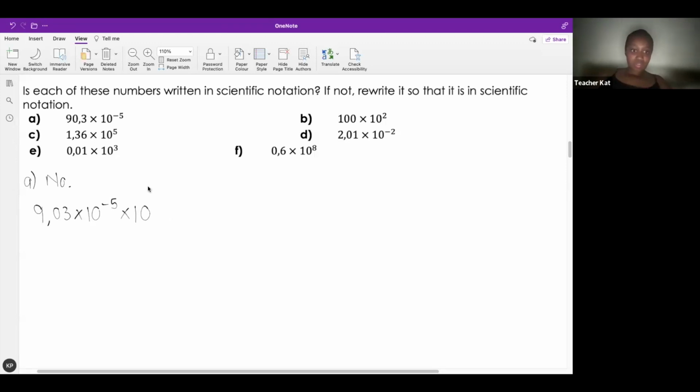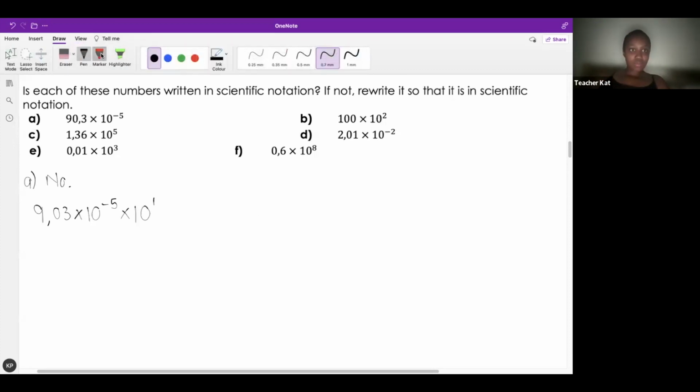So is it a positive or a negative 1? A positive 1. Now, are we done here? Are we done with this question? Think laws of exponents. No, what can we do with these exponents? I am multiplying. I have the base of 10 for both of them.